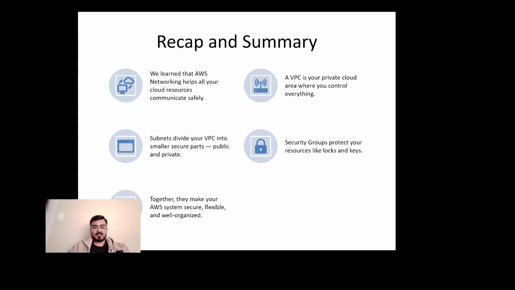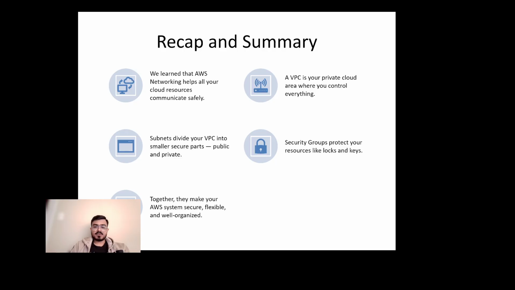So let's see some recap and summary. Let's do a quick recap of what we learned. Networking in AWS means safely connecting your cloud resources. A VPC is your private space in the cloud. Subnets divide that space into public and private zones.